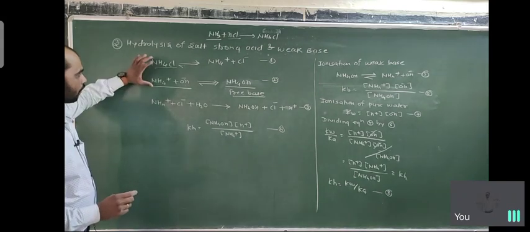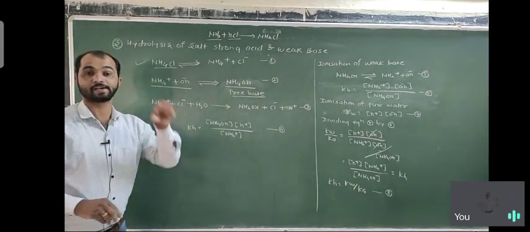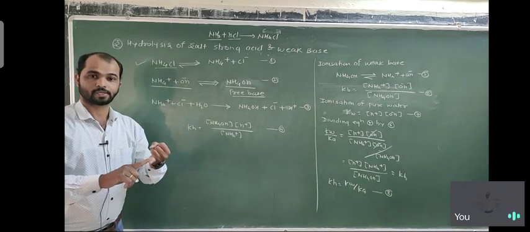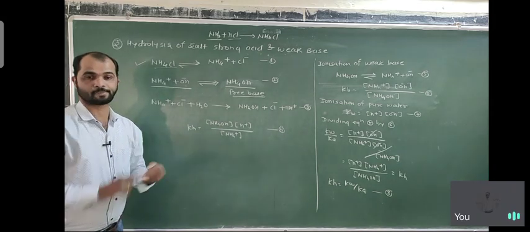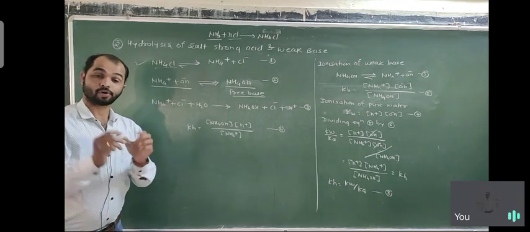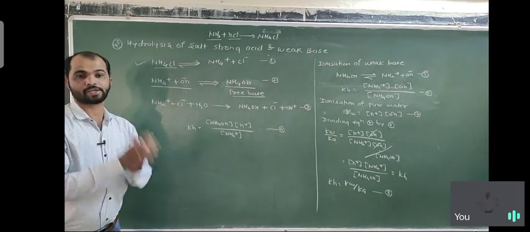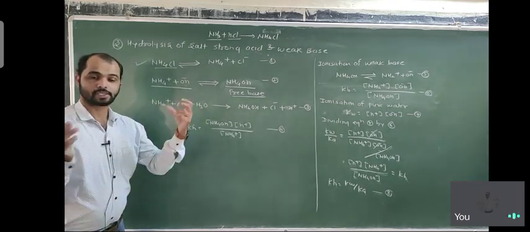So overall, when water is added to the salt, the salt is dissociated, some ions react, and water is also slightly ionized. So the ionic form of water and the ionic form of salt react together again.